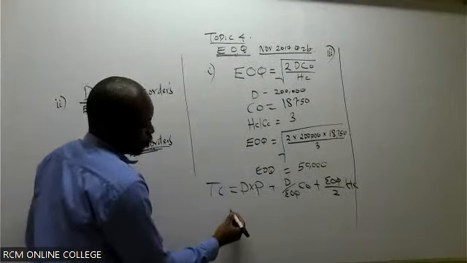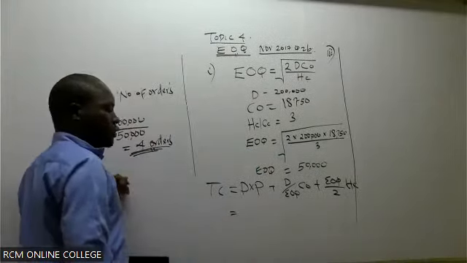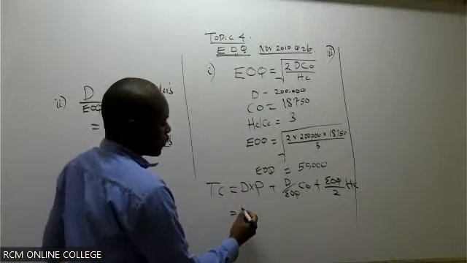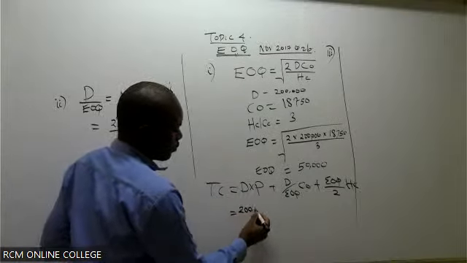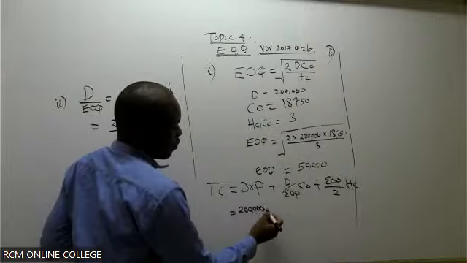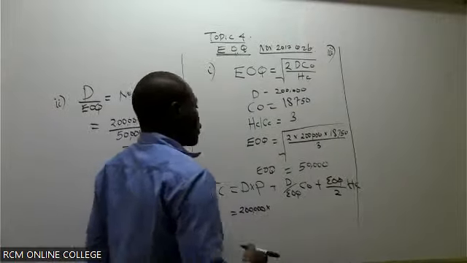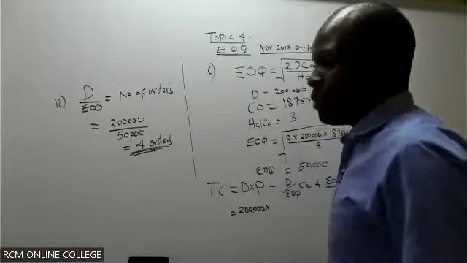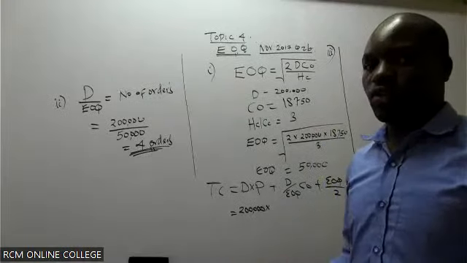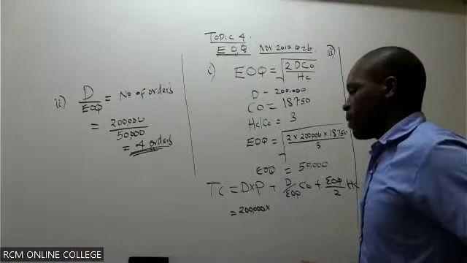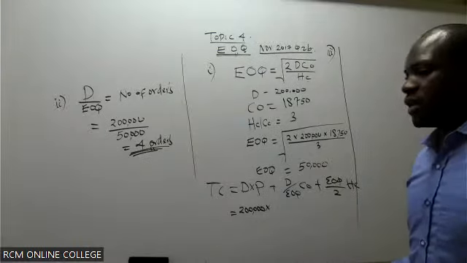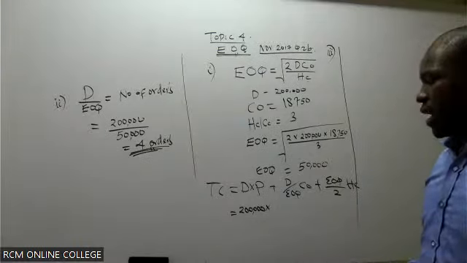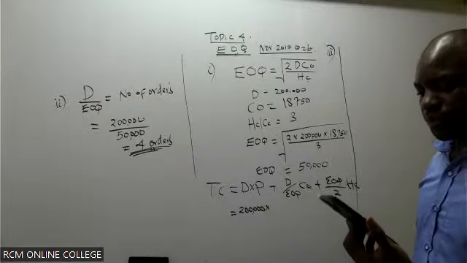So total cost will be equivalent to demand, which is 200,000, multiplied by purchase price. Within our question, do we have purchase price anywhere? Are we given purchase price?